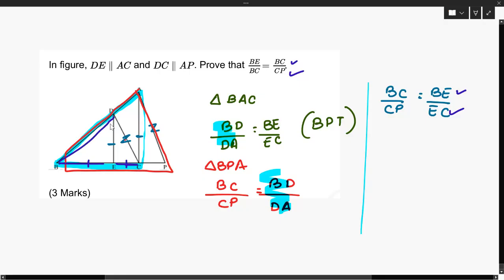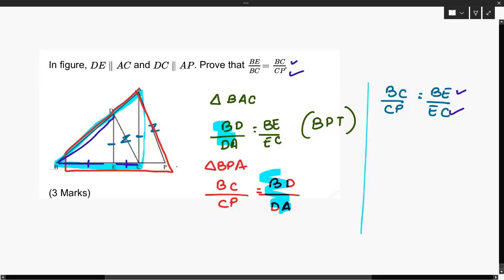Did we take the right triangle? We have taken BPA, correct? In BPA, what did we get? BC upon CP is equal to BD upon DA.